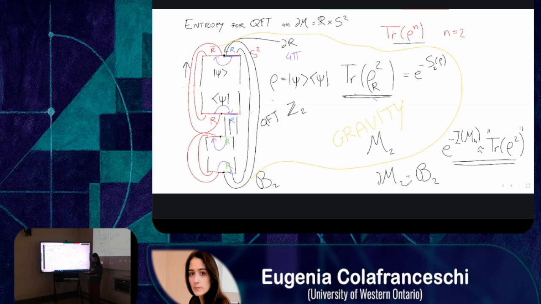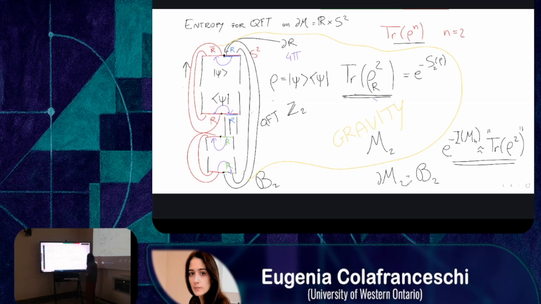Very naive question. Why is it easier from an algebraic point of view to calculate the limit for n to 1 instead of calculating for only one system? What is the advantage from the algebraic point of view? The advantage is that for just n equal 1, you don't get the von Neumann entropy. The Rayleigh entropy, yeah.